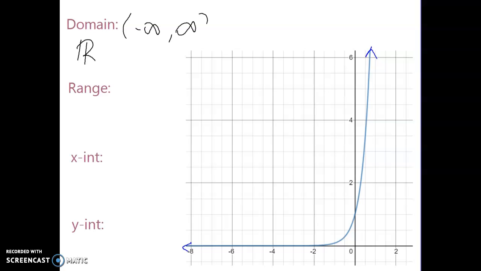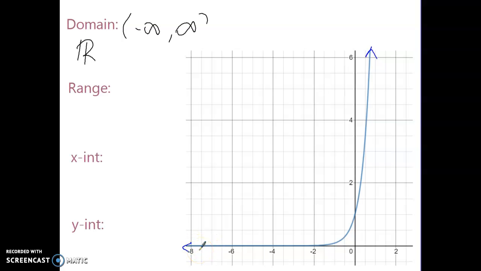Okay, now range. Range is all the possible y values, and we read range bottom to top. So the lowest that this one goes, now this is a little bit tricky. This goes on and on and on forever down, but remember it never touches the asymptote. It never gets to where y equals 0. No matter what the exponent is, y is never going to actually be equal to 0.